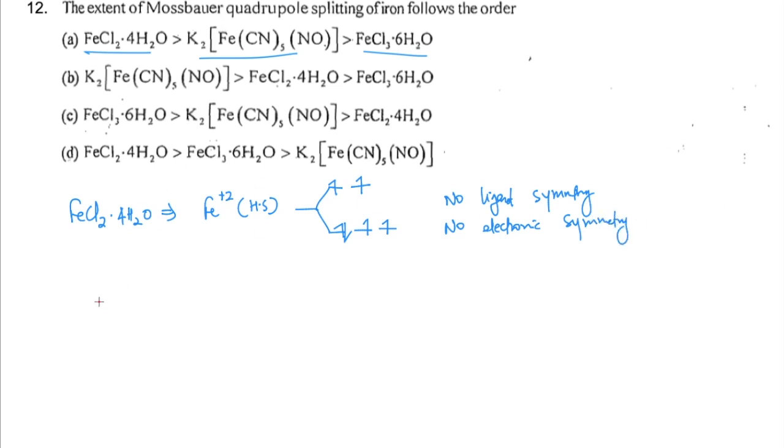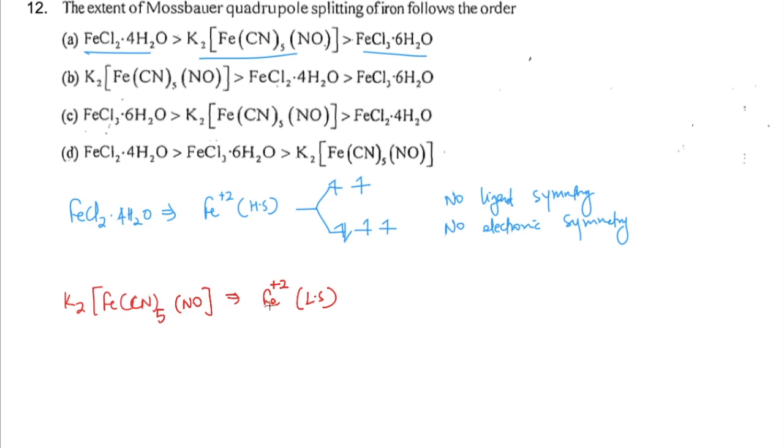Let's look at the other option, which is K2[Fe(CN)5NO]. Here you can see that iron is in +2 oxidation state again, because when you solve this, you will get iron in +2 state, and this +2 state is a low spin one.